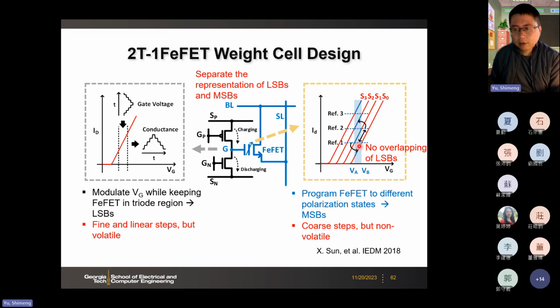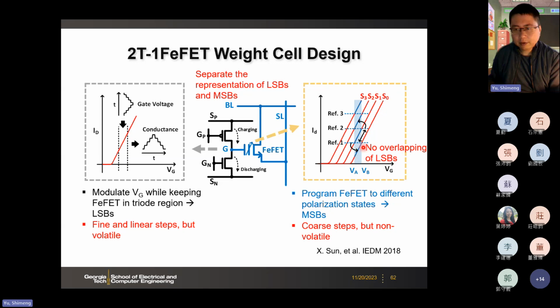So we can have some more bits using this dynamic tuning of the gate voltage. But this is the volatile mode because, due to the leakage of this transistor, this charge eventually will leak out. But this is okay for the training because the LSB will be updated frequently anyway.